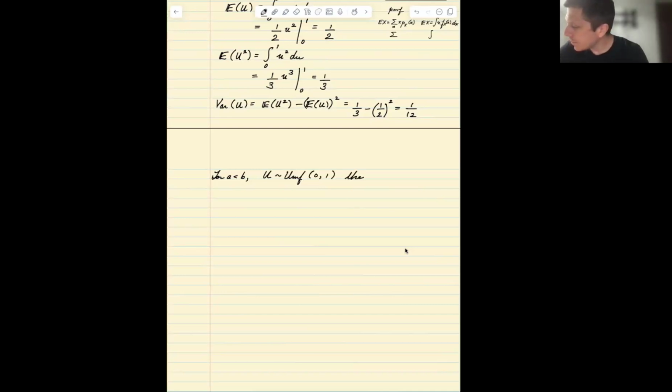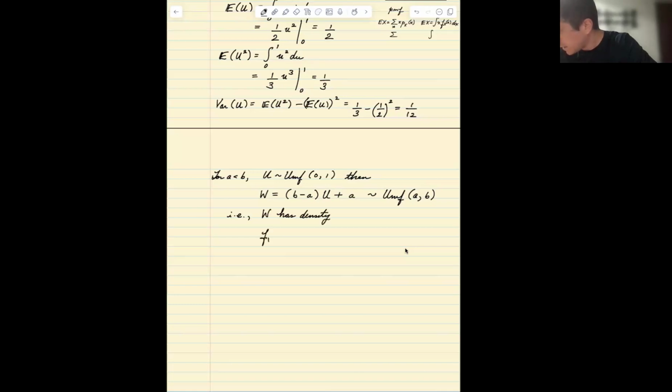Then a new variable, if we define W as (B minus A) times U plus A, that W has the uniform distribution from A to B. Okay, what that means is that the density of W is going to be of some fixed value.